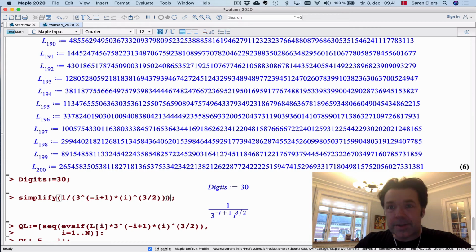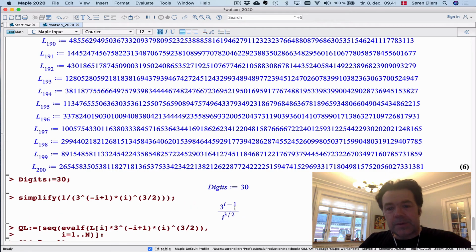Right, so when we did this the first time, we said it looks like the growth of these numbers is like 3 to the i minus 1 over i times the square root of i. So this was our candidate based on observations for the proportional description of this growth.